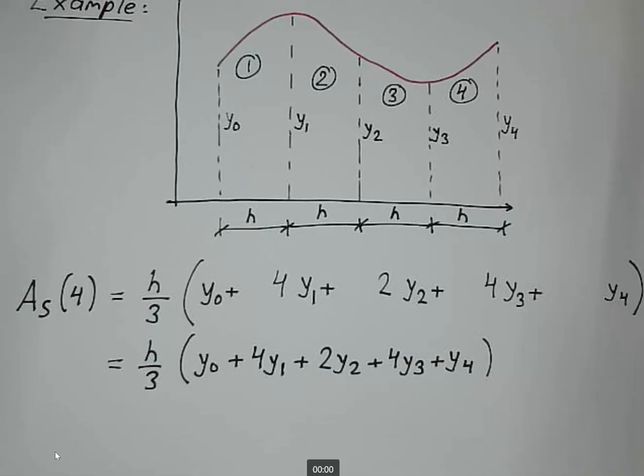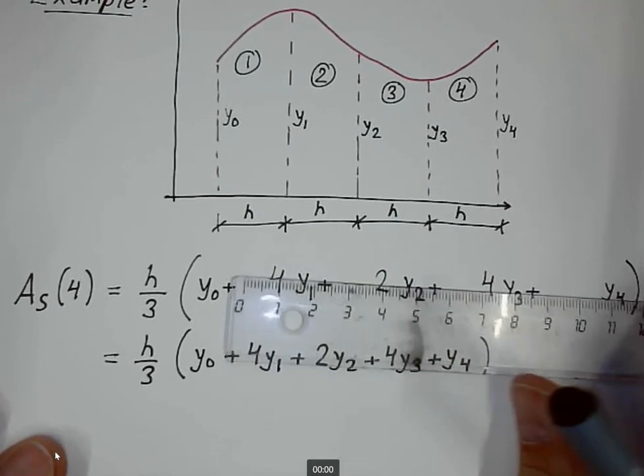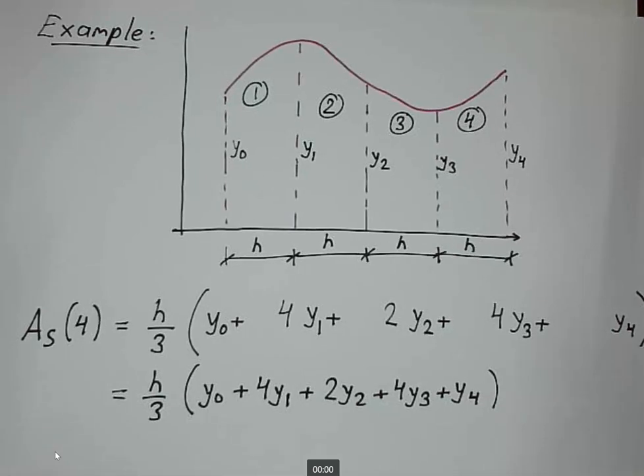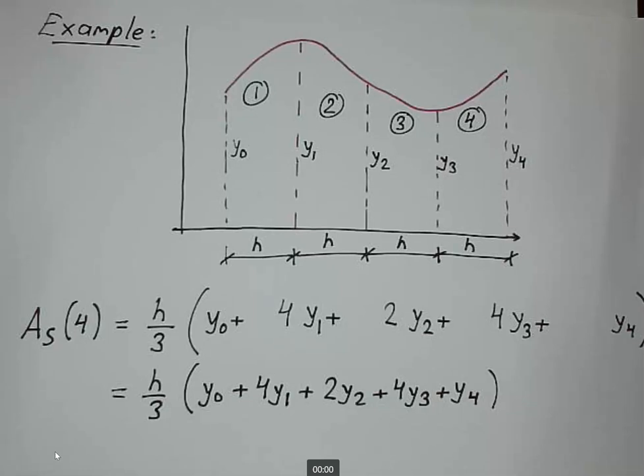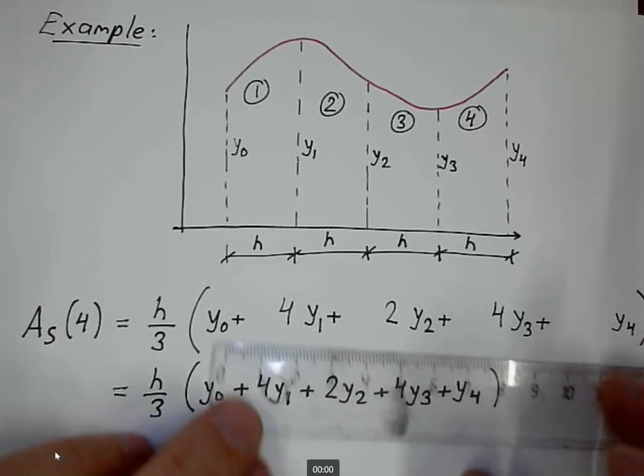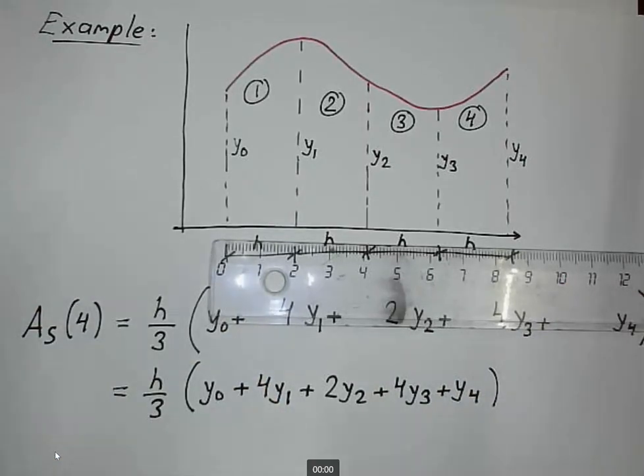And now I will use my ruler and measure the lengths here. Unfortunately, if you drew this picture on your paper, you probably didn't get exactly the same figure, but the most important thing is the values I get here.